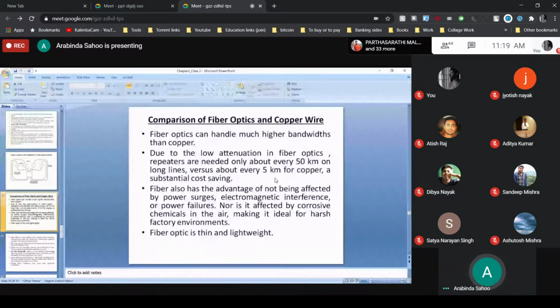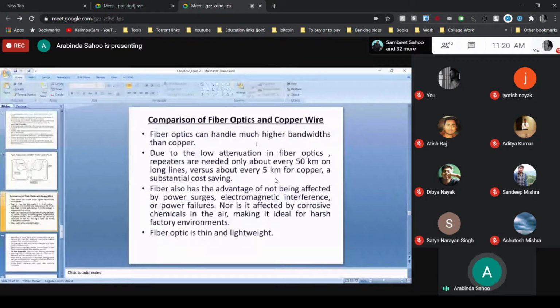The first one is, fiber optics can handle much higher bandwidth than copper.